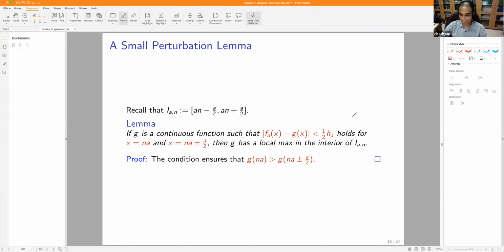Correct. So it seems then the growth is linear, no? Yeah, so in the interval. Yeah, go on.